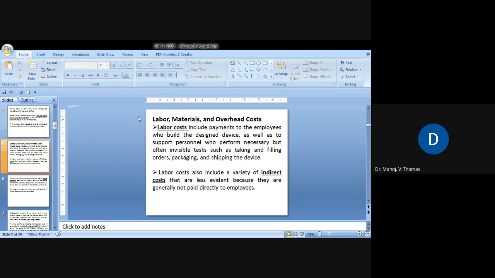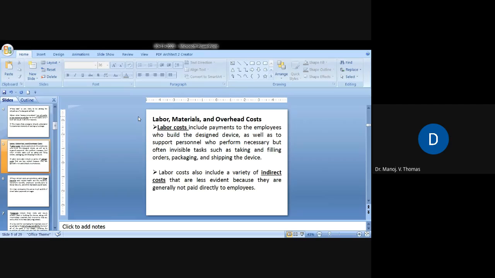There will be people who take your order, people who fill and package your orders, and ship them. As a company, we need to pay salary to all these people. If I am the company owner, I need to pay them, and accordingly I can set the price of a product.